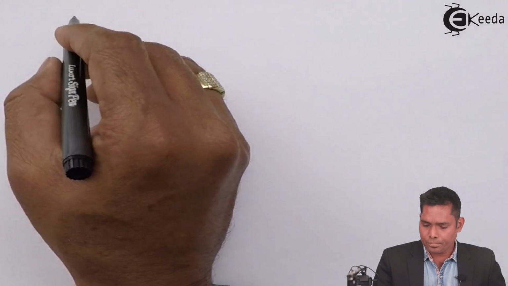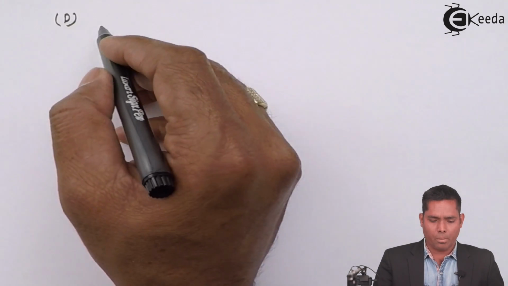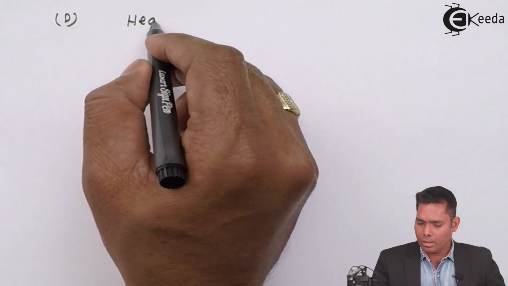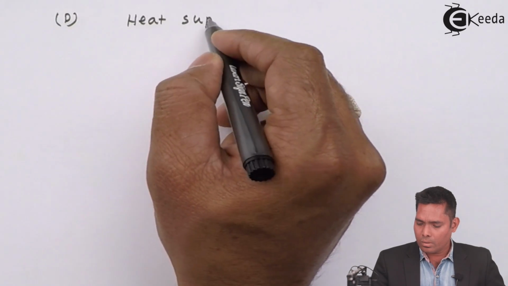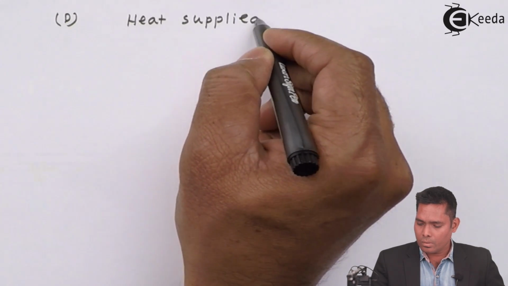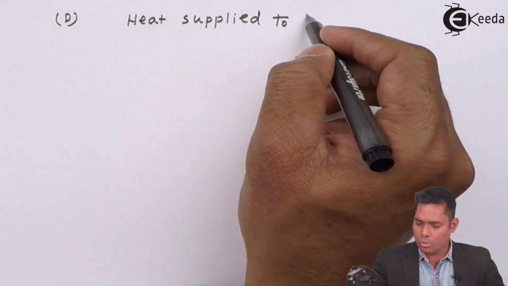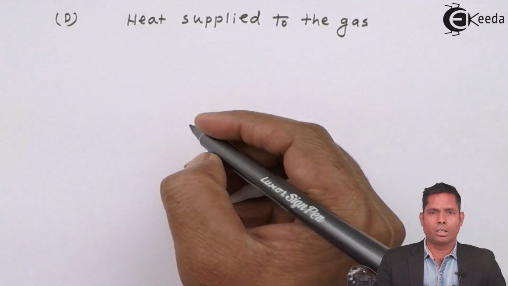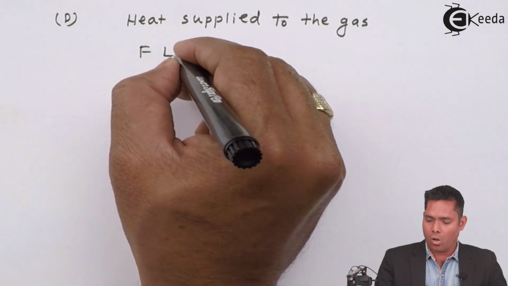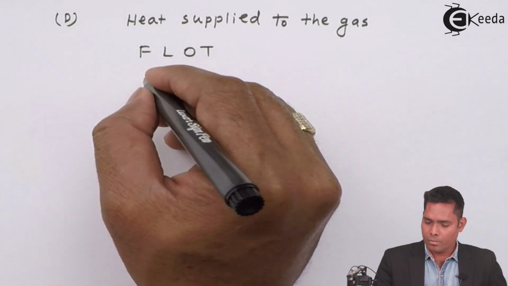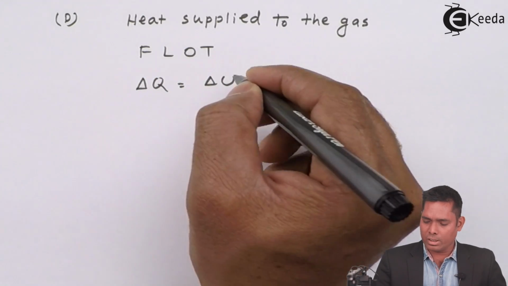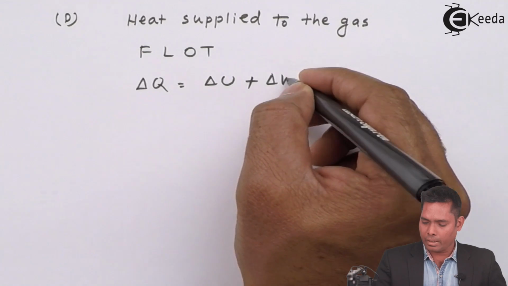We know that for option D, the heat supplied to the gas, using the first law of thermodynamics, is the increase in internal energy plus the work done by the gas.